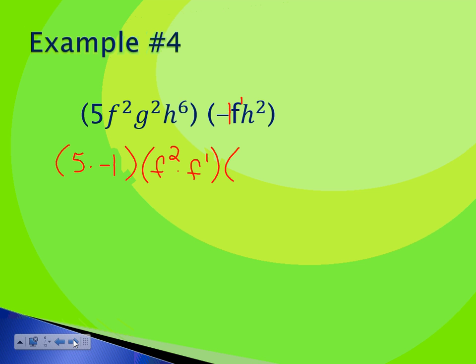Okay, then anything with the g squared? Now again, remember when I said Reed's crayons? If he only has one red one, he doesn't put it with the blue or the yellow because they don't match, right? It makes its own little pile. So same thing, if you only have one thing, it just makes its own little group, okay? And then h to the 6th times h to the 2nd.